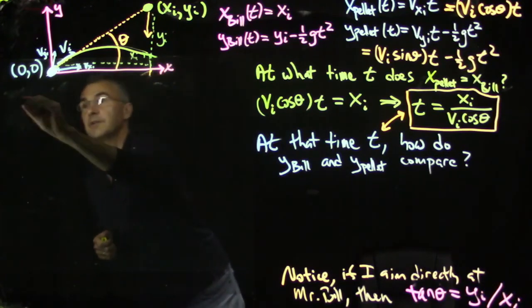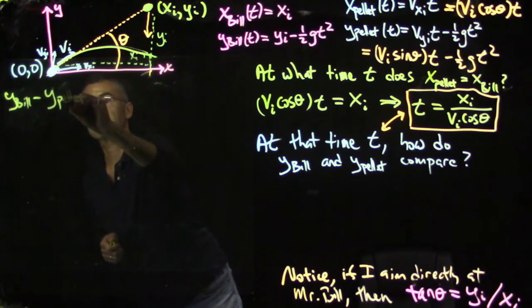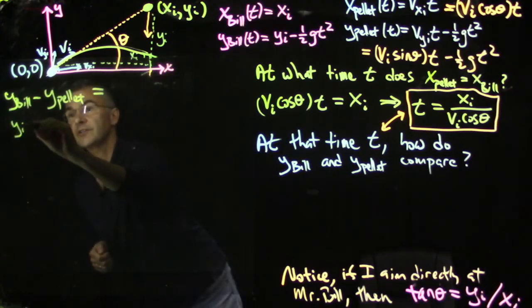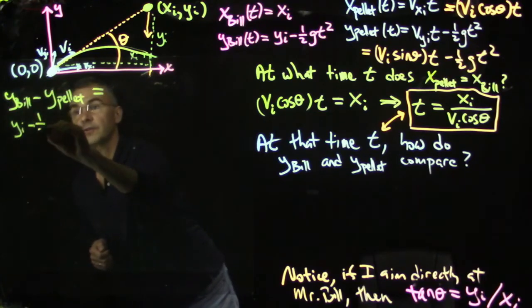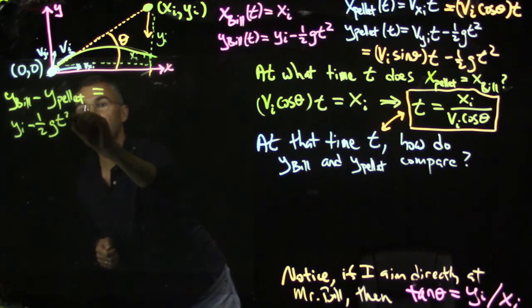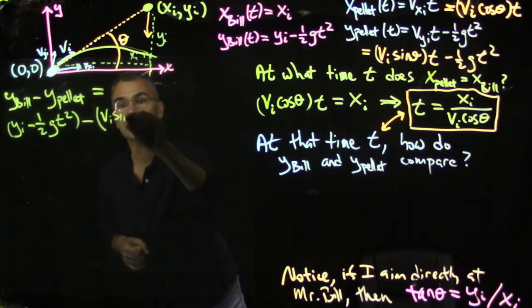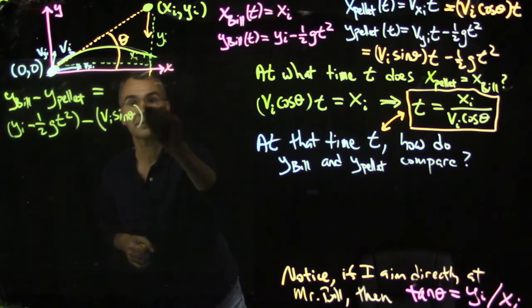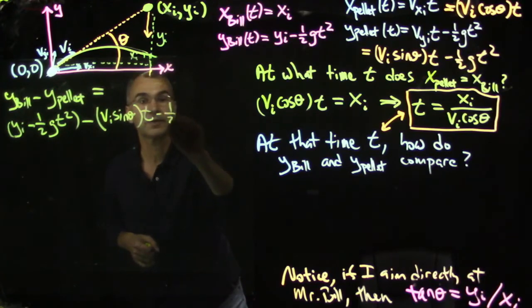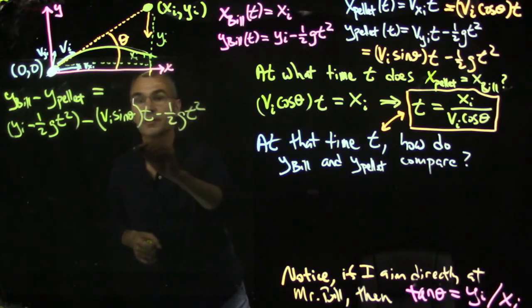So y bill minus y pellet equals y initial minus 1/2 gt squared minus v initial sine theta t minus 1/2 gt squared.